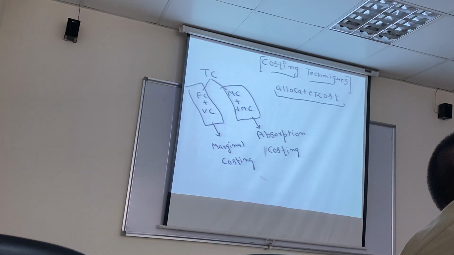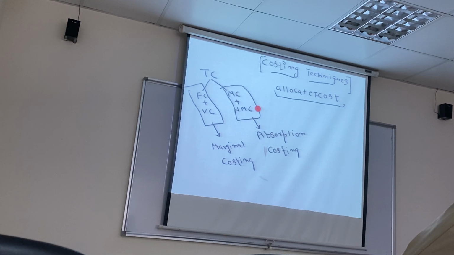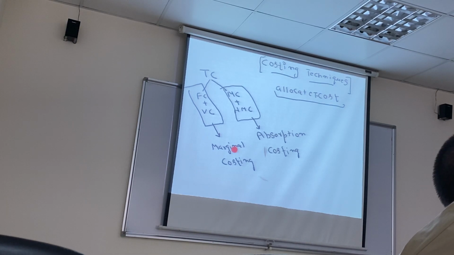In absorption costing, we allocate cost on behalf of manufacturing and non-manufacturing. Okay. So the idea is we have these two methods. We call them costing techniques: marginal costing and absorption costing.